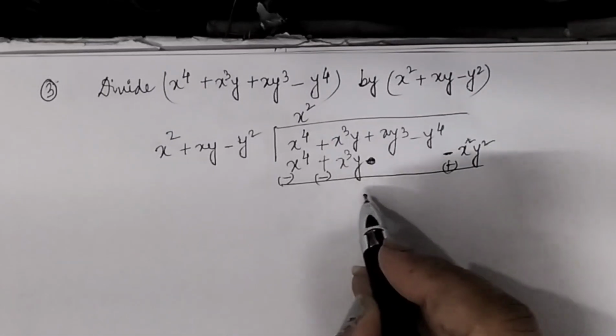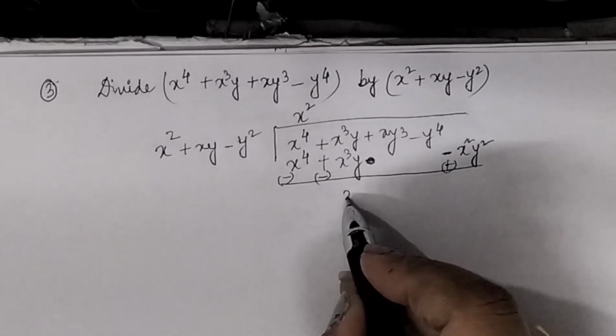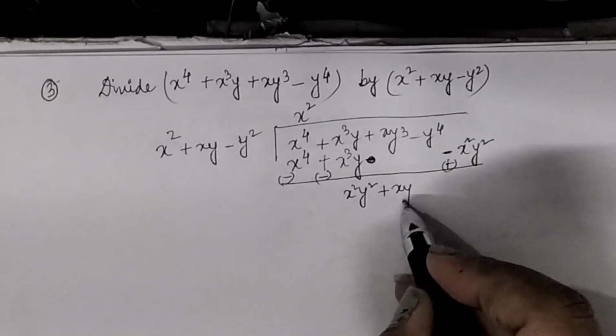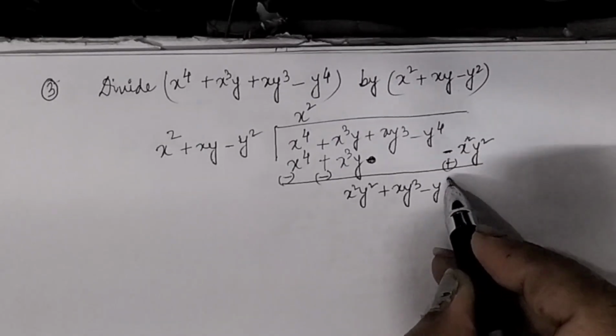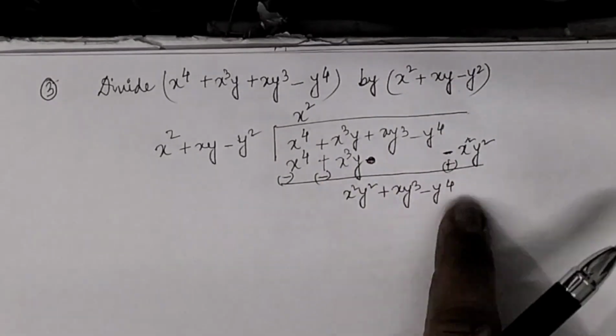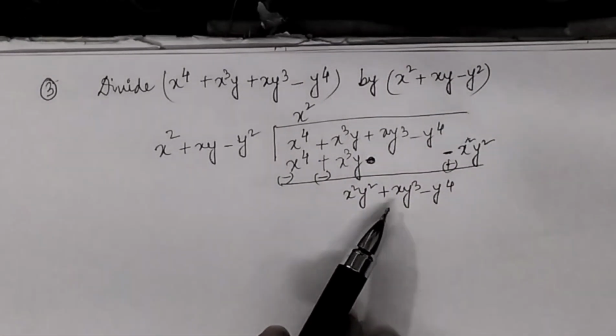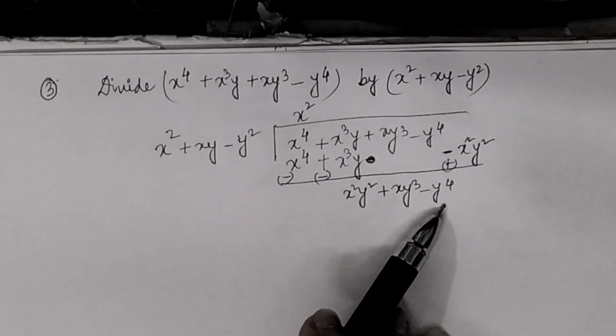Okay. So we have to first write x square y square here, plus xy cube minus y to the power 4. This is the remainder in this step. So this is x square y square plus xy cube minus y to the power 4.